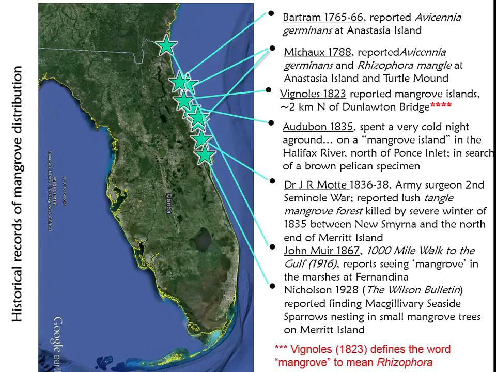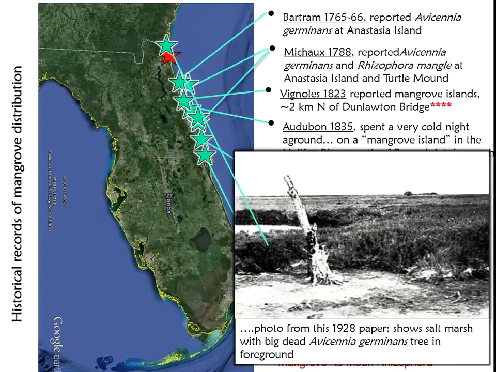They weren't supposed to be there. But he actually puts a photograph in his paper, this 1928 paper. And you see, this is this huge salt marsh here, and there's little mangrove, just like this. And he tells how high above the ground the little birds are nesting.